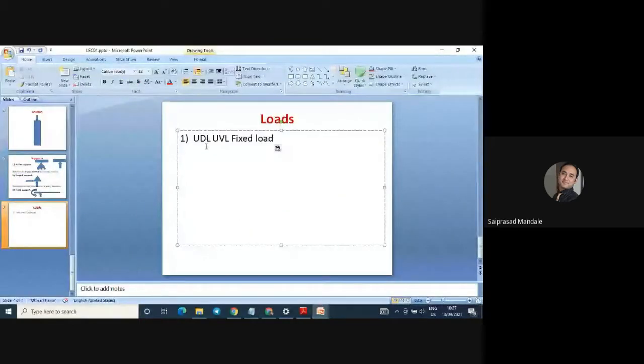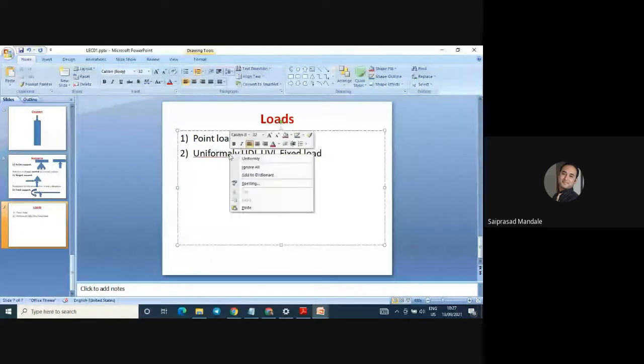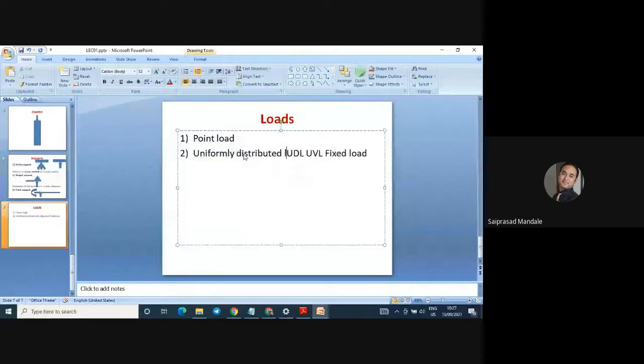So there are different loads. The first type of load is called point load. Second load is a UDL, that is uniformly distributed load.